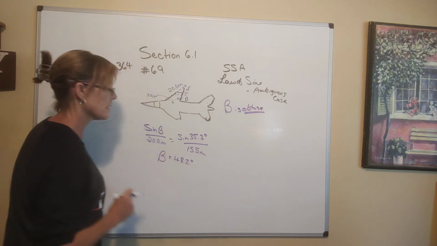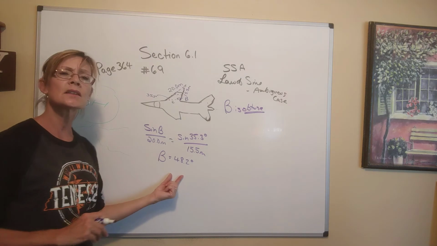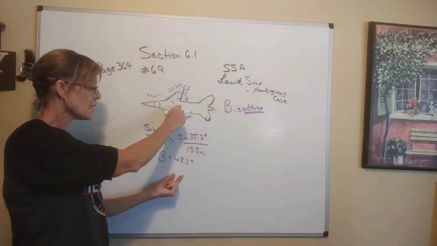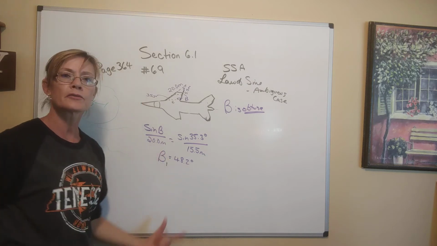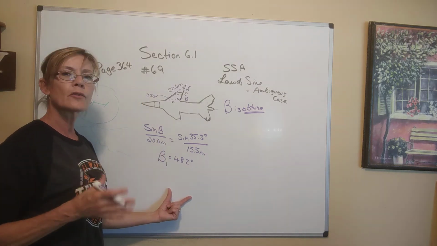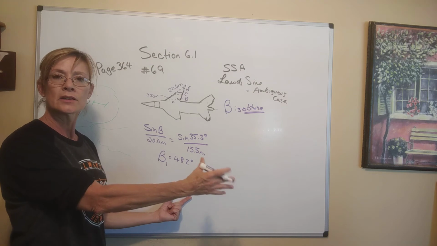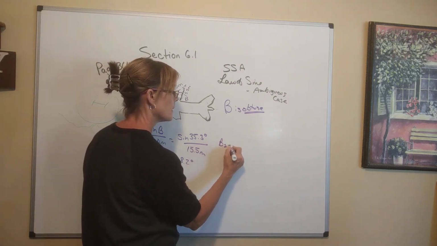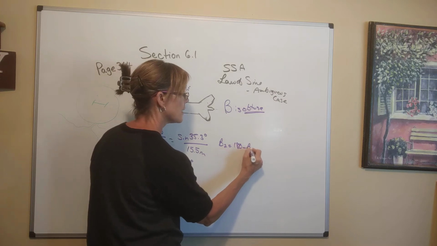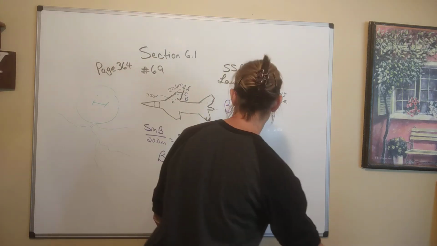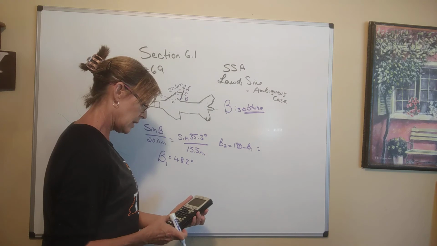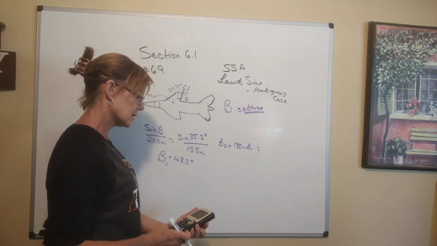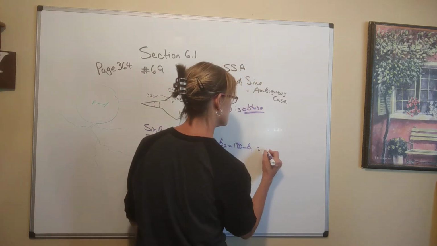Okay, now, this is an acute angle, but this one is obtuse. So this would be if we were solving for triangle 1. What we're going for is the second triangle where that angle is obtuse. So B2 would equal 180 minus B1, which is 180 minus 48.2, and the answer is 131.8.